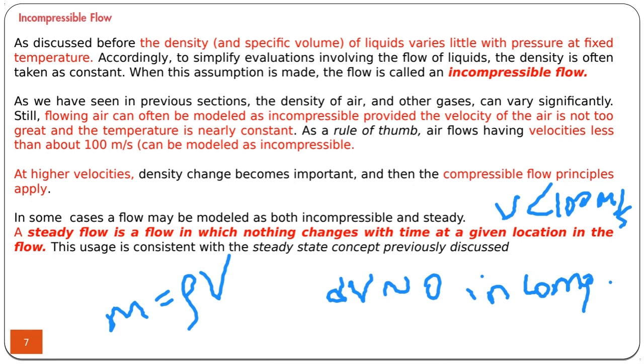It happens at the speed of sound. So if the velocity of the aircraft becomes sonic, becomes equal to the speed of sound, we have the sonic boom, meaning that there will be a sudden expansion of the air at this location.